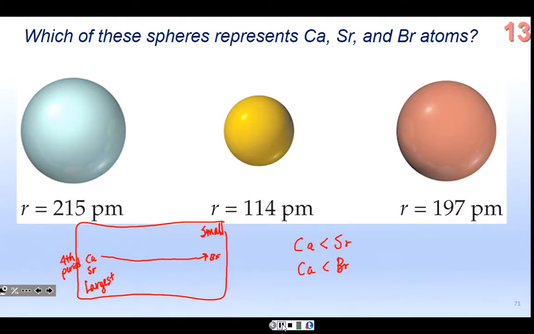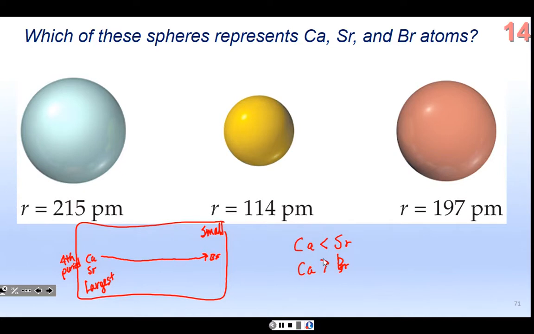So when we know that calcium is going to be smaller than, whoops, I said that backwards. Calcium is going to be larger than bromine. The smaller end of that row is going to be bromine, and then the calcium will be smaller than strontium. So the difference between calcium and strontium is hard for us to predict, but they're going to certainly be larger because they're on the left side of the periodic table.